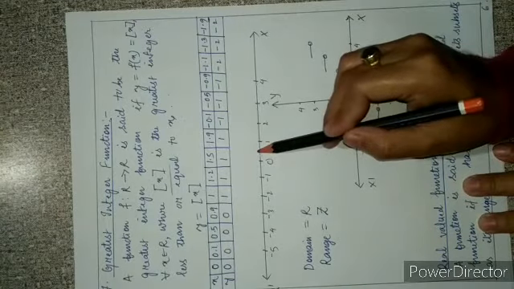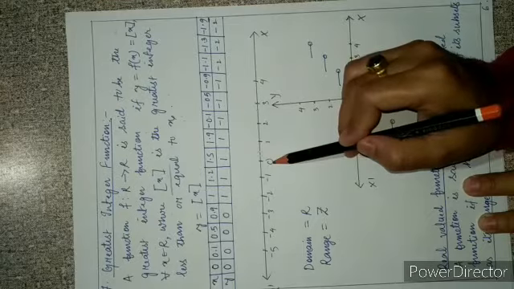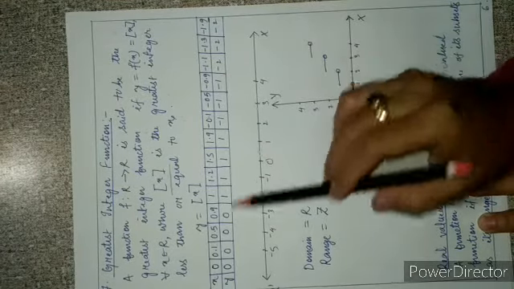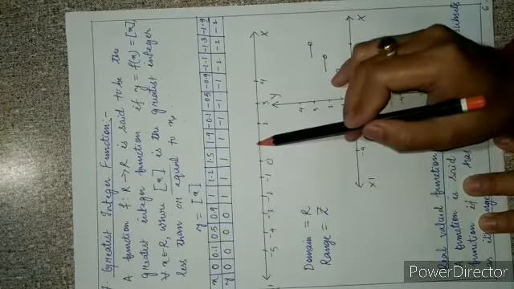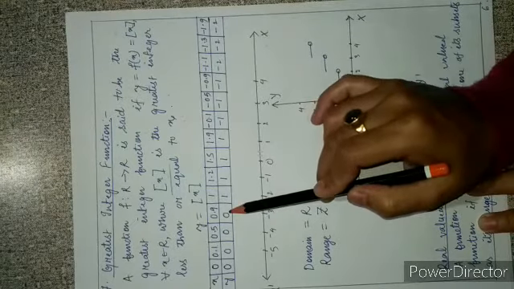Then 0.5: the greatest integer less than 0.5 is 0. And 0.9 also gives 0.